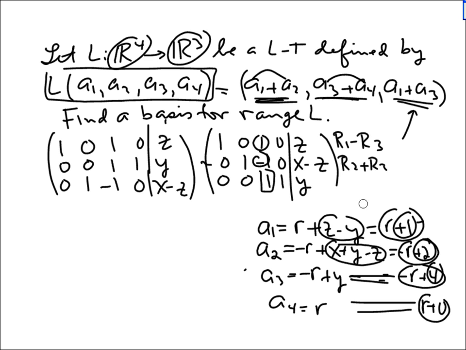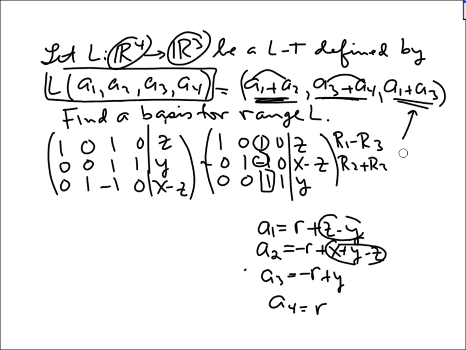What I put here on the right side, that was kind of my side work to make sure that it worked. But the bottom line is, I found what x1, x2, x3, and what a1, a2, a3, and a4 should be to get any x, y, z.